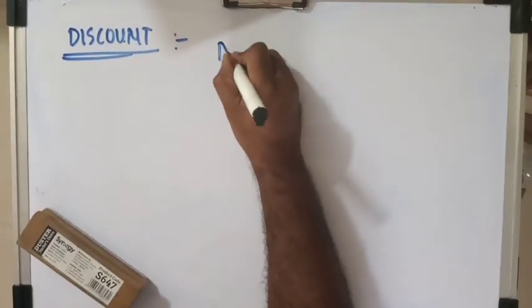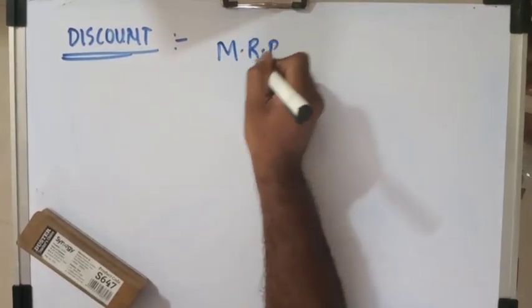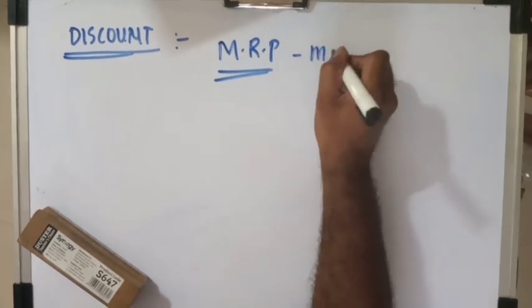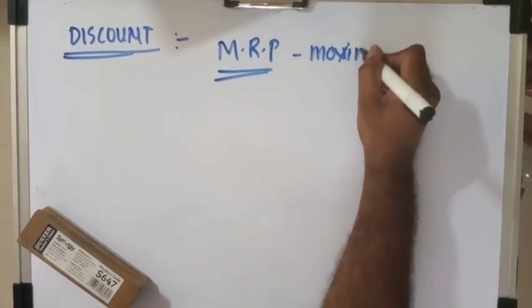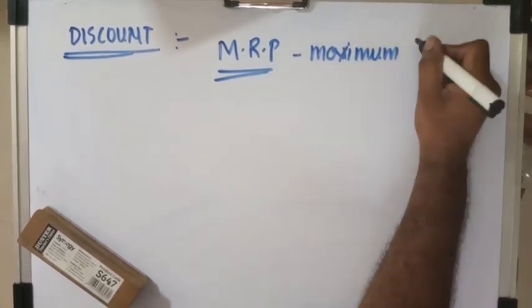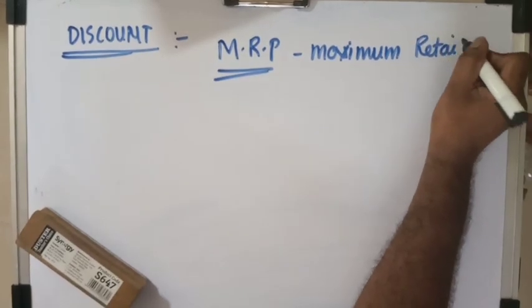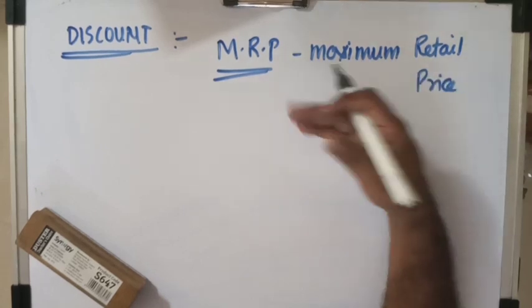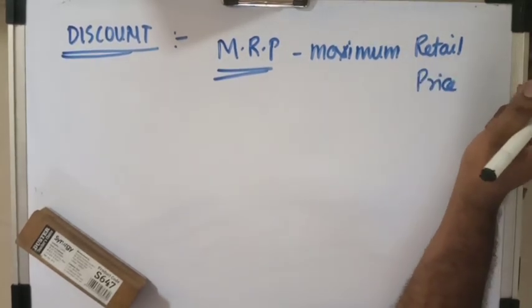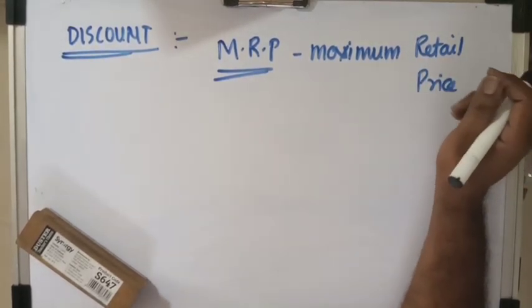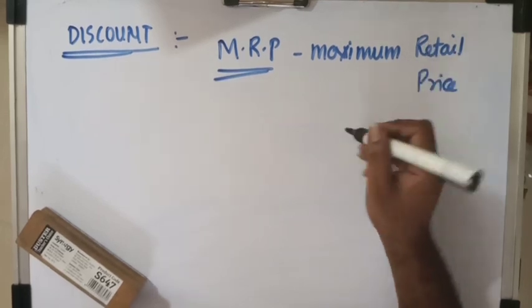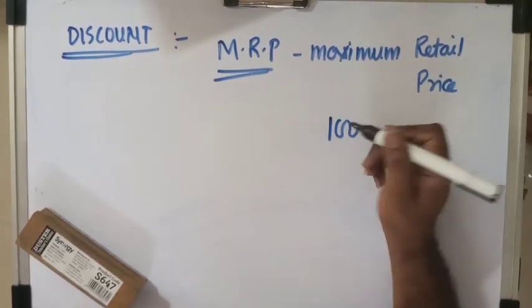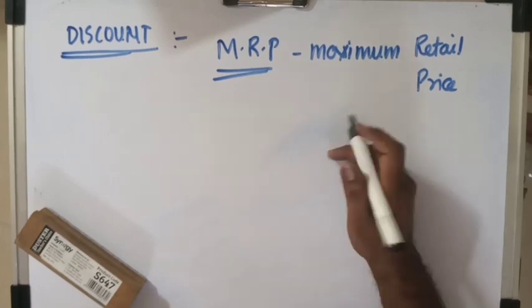Now we'll be learning what exactly is MRP. MRP is nothing but it is called as maximum retail price. Okay, so you go and you're buying something on the MRP. Say the MRP is rupees 100, or say the MRP is rupees 200.